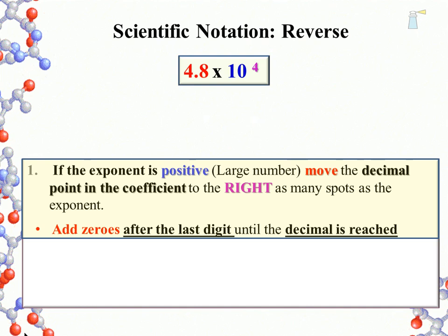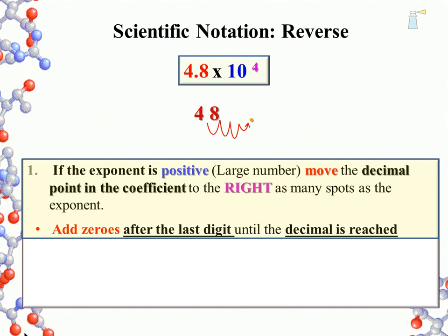Starting with the coefficient, 4.8. Note that the exponent is a positive 4, so we move the decimal over 4 places to the right. 1, 2, 3, 4. The decimal moves to its new place.